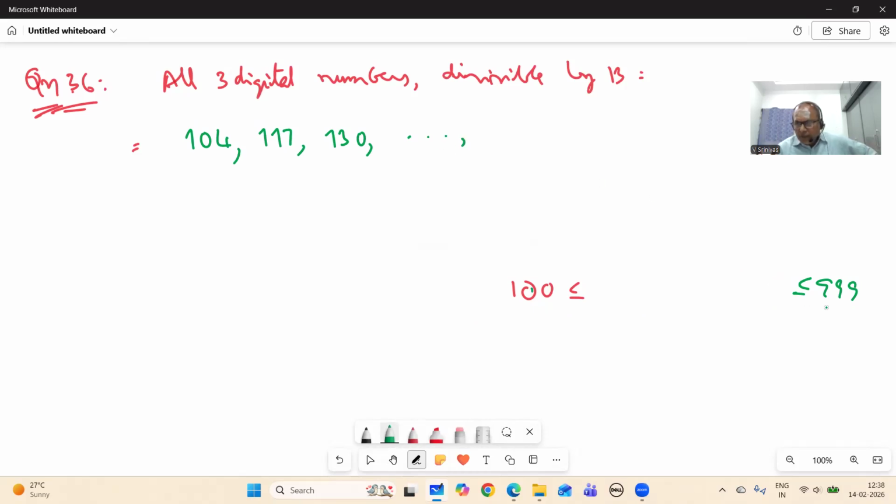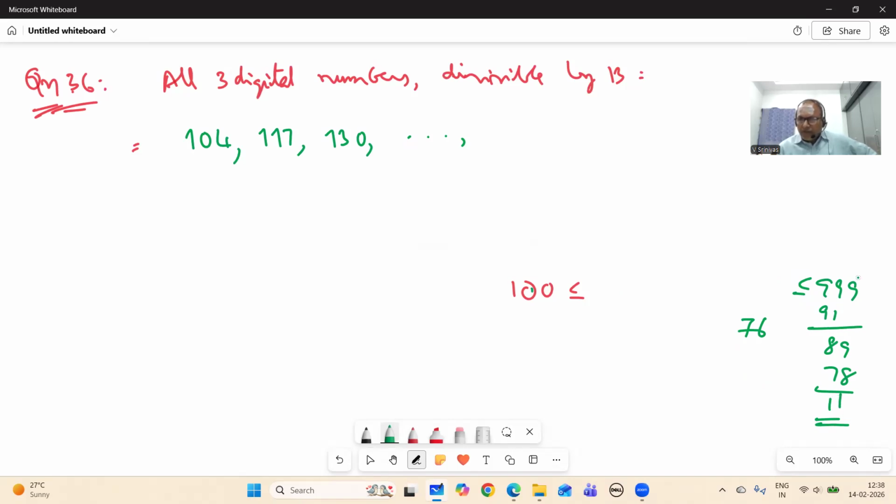What is the nearest 3-digit number divisible by 13 to 999? You divide this by 13. 7 13s are 91. Subtract, this is 89, and then 6 13s are 78. So remainder is 11.